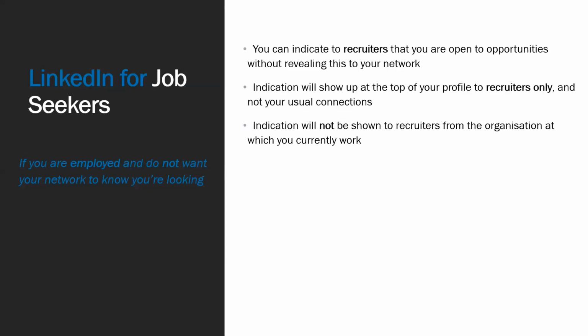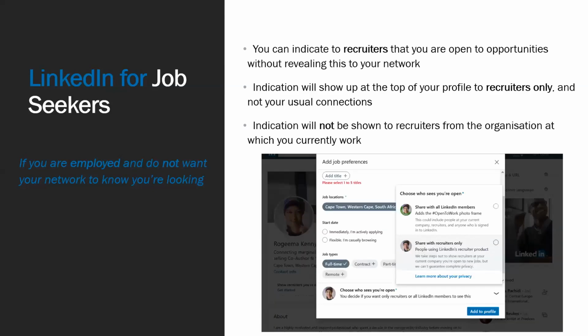You can indicate to recruiters that you're open to opportunities without revealing this to your network, because LinkedIn has a recruitment product that recruiters pay for. So it's not to be found by your network, but to be found by recruiters using this product. This indication will show up at the top of your profile to recruiters only and not to your usual connections.